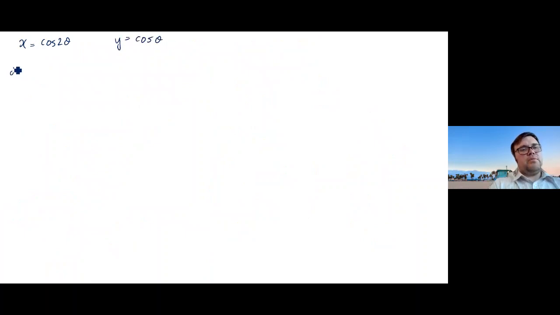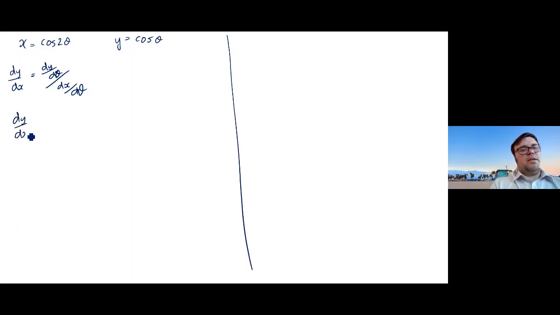To work out the gradient, we're going to use dy by dx, which is dy by d theta over dx by d theta. So dy by d theta, cos theta just goes to minus sine theta.